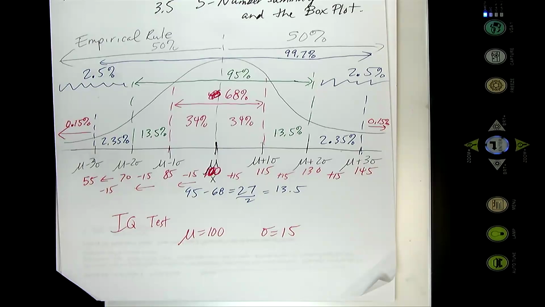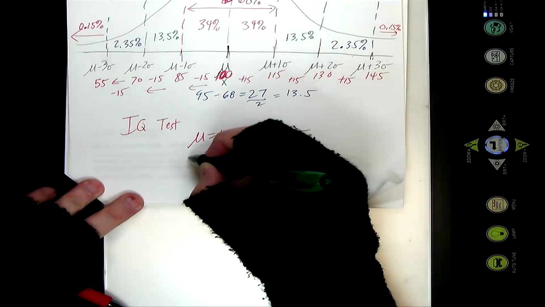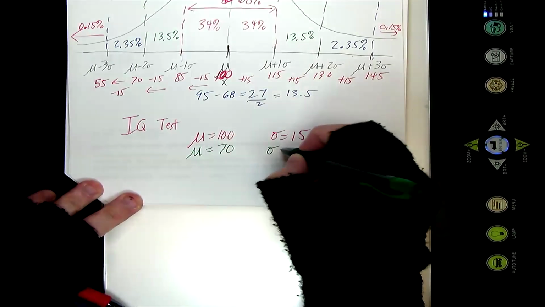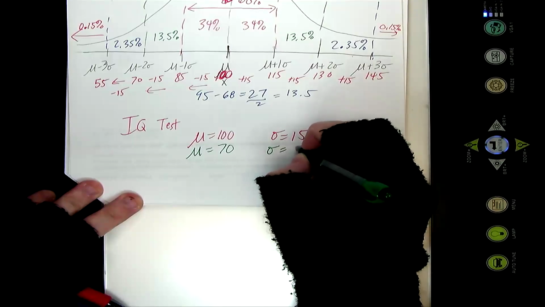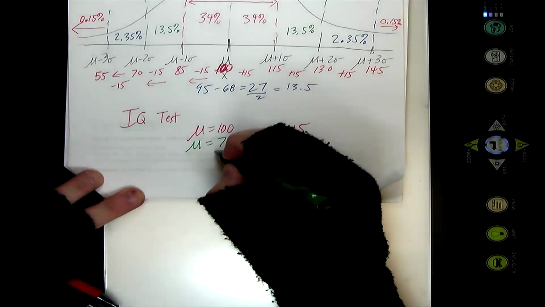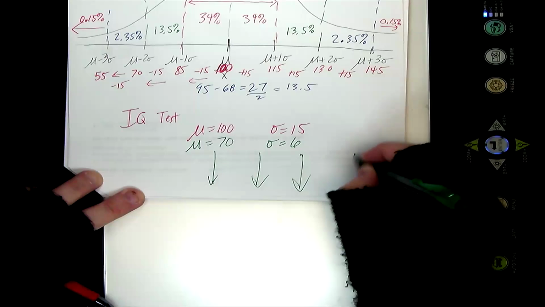So if it was something different, let's say they gave us mu was 70 and sigma was, I don't know, 6. Put these little lines down here and we can calculate them.